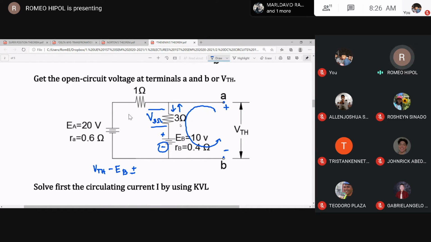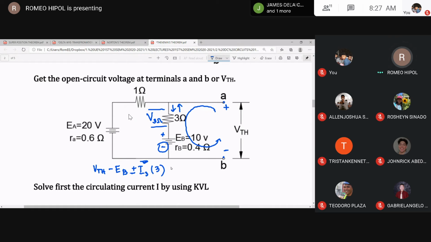And then next is the current flowing at 3 ohm. So it's not directly given to the problem. You multiplied by the value of the R3. So actually, ito yung magiging KVL formula natin or equation. So we have unknown I3.